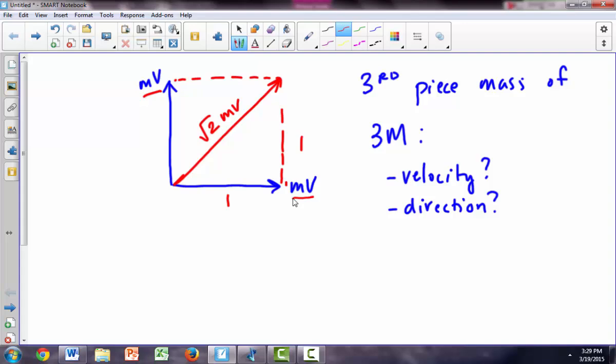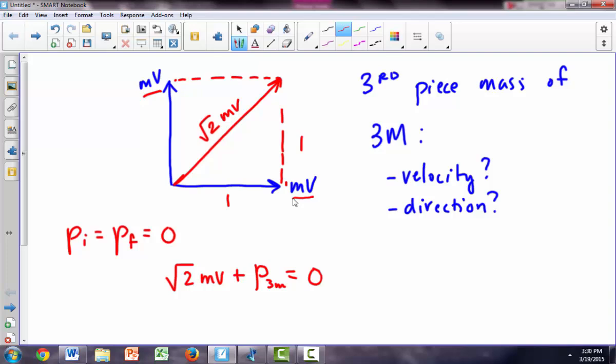So the final momentum of the last piece has to be such that it offsets that momentum, because the final momentum of the 3 pieces together has to add up to 0, because the initial momentum was 0. So basically square root of 2 mv plus momentum of the 3m piece has to be 0. So it has to be in the opposite direction.